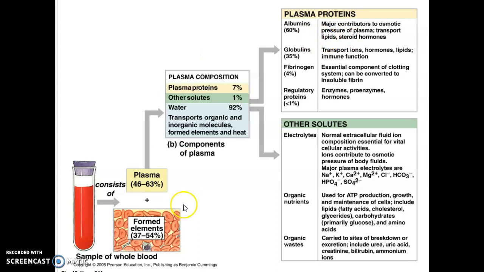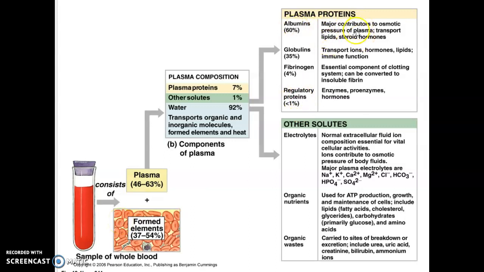We don't want a bunch of water rushing into our red blood cells or rushing out of our red blood cells. So we need a certain amount of particles in the blood that keeps it isotonic. Because remember, osmosis says water runs from a high concentration to a low concentration. If I didn't have enough albumin, I would have a higher water concentration, and therefore water would tend to run into my red blood cells and cause them to go through hemolysis.